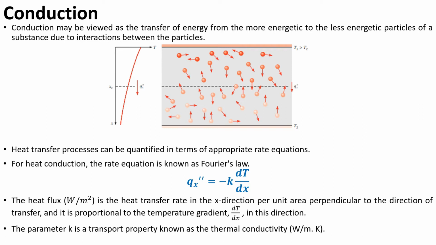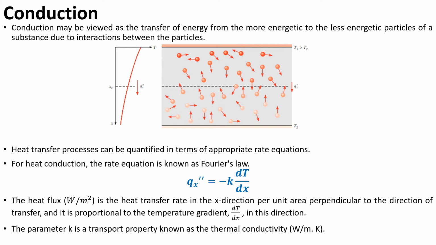So heat will transfer from higher temperature to lower temperature. Heat will transfer from the upper side to the lower side because the upper side is at a higher temperature than the lower side. So conduction is basically a mode of heat transfer from a more energetic particle to a less energetic particle.